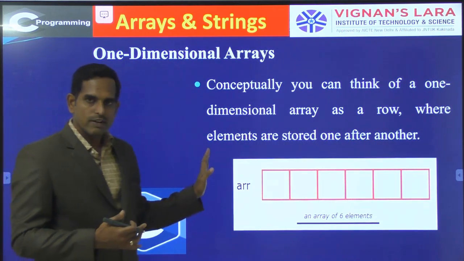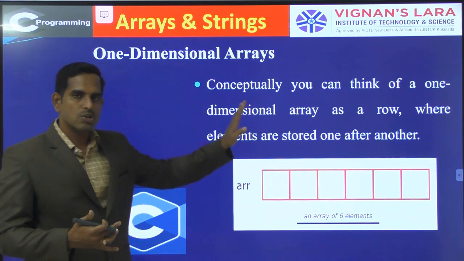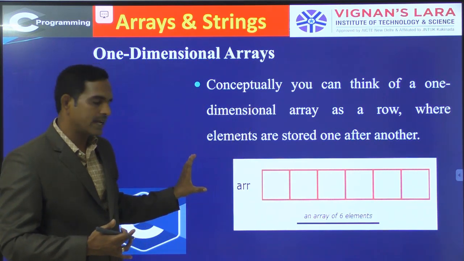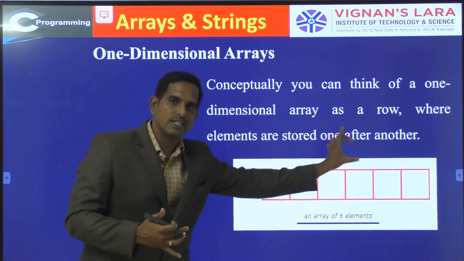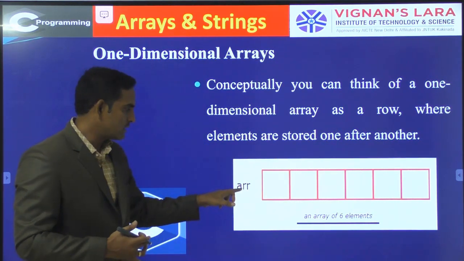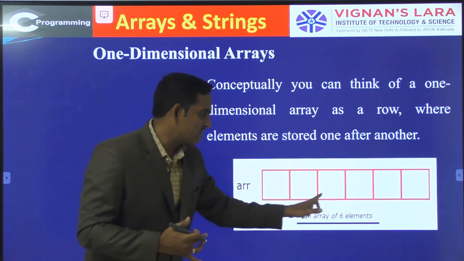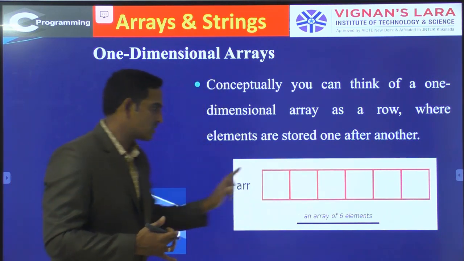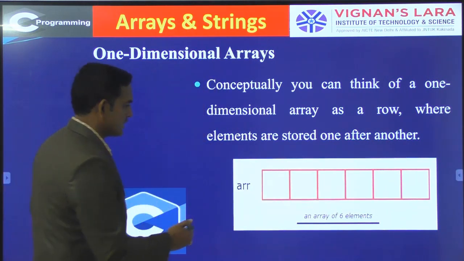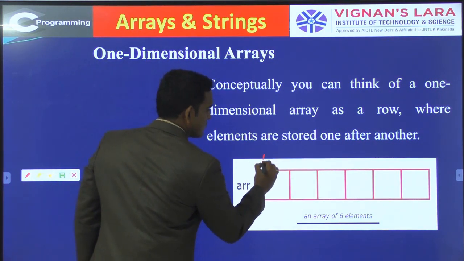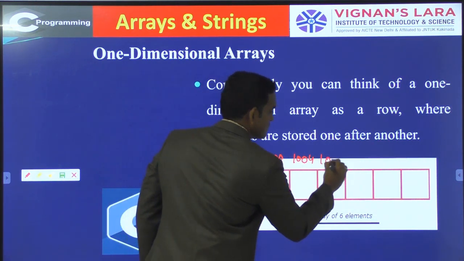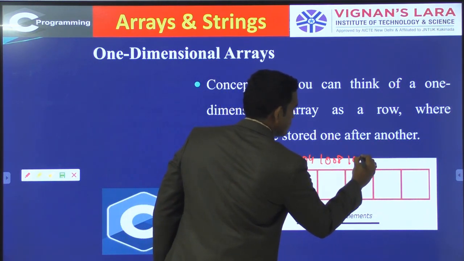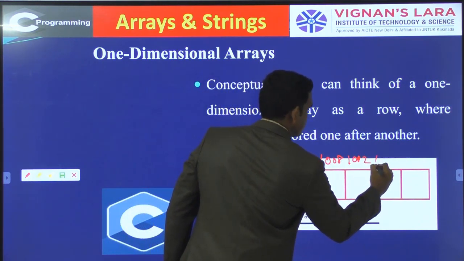As I told you, conceptually you can think of a one-dimensional array as a row with a set of values stored one after another, where you have your array name, and each and every element is stored in consecutive memory locations. If these are integers, they will be stored in contiguous memory locations.